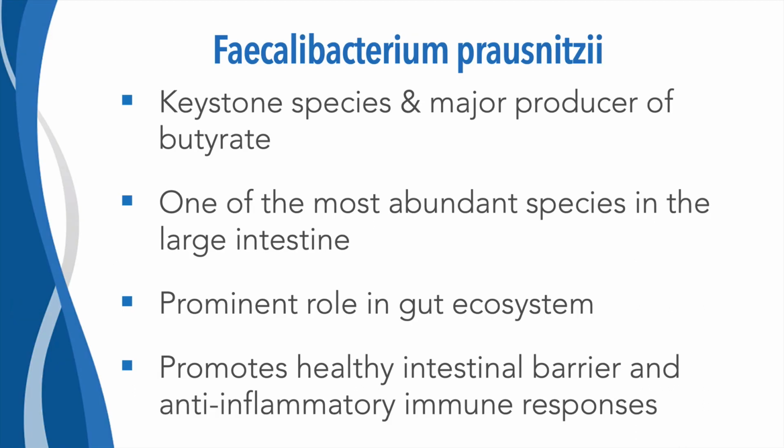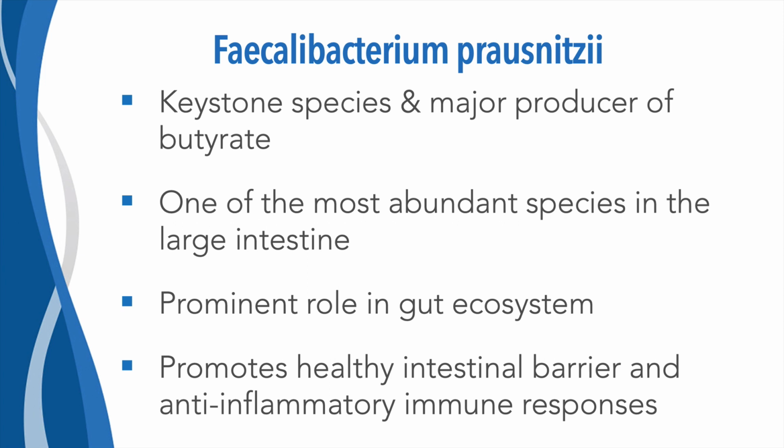These are some of the key characteristics of Fusobacterium prausnitzii. It's well known as a keystone species, and again, that means it plays an especially important role in the overall function of the gut microbiome. It's also a major producer of the short-chain fatty acid butyrate, and butyrate itself has many well-established roles in promoting health.